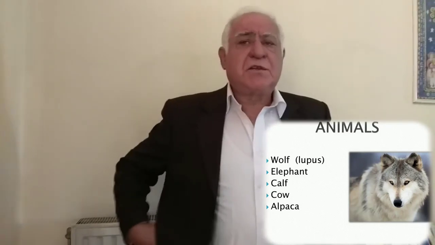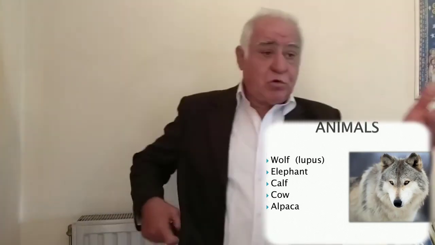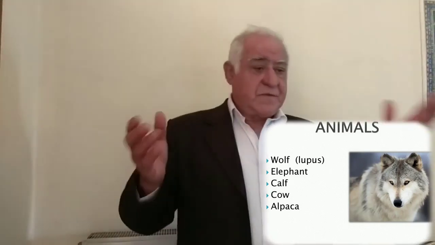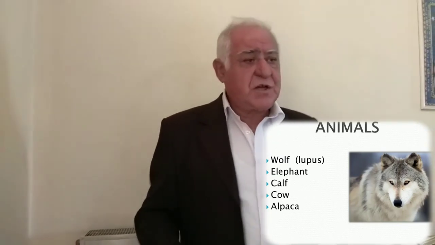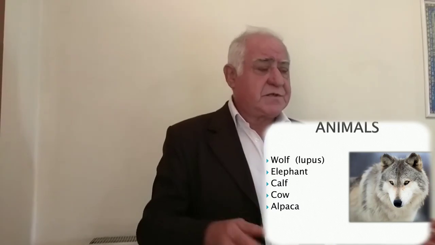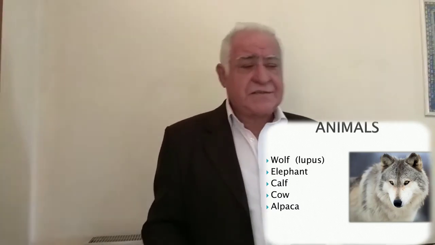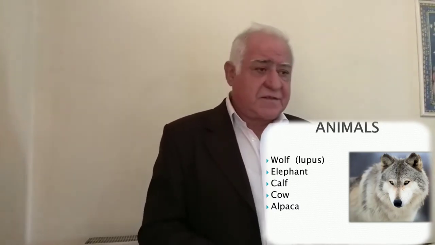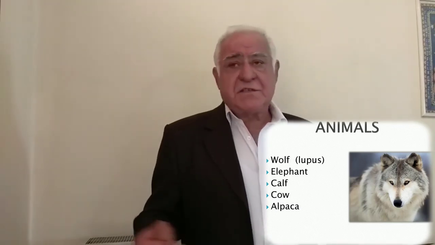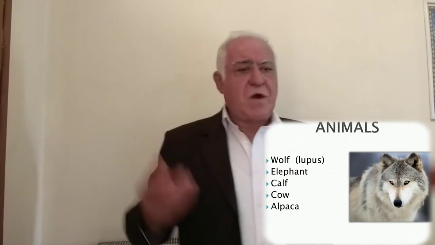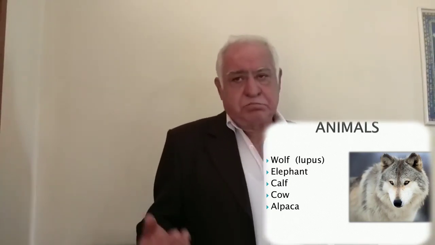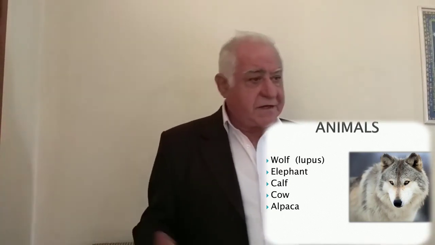We can find some words in the vocabulary which are related to animals. For example, wolf. Wolf is a beautiful animal, and its scientific name is lupus, and you can see in both names, wolf and lupus, the cluster LP is manifested there. This possibly reflects the idea of the white wolf, or could be symbolical.